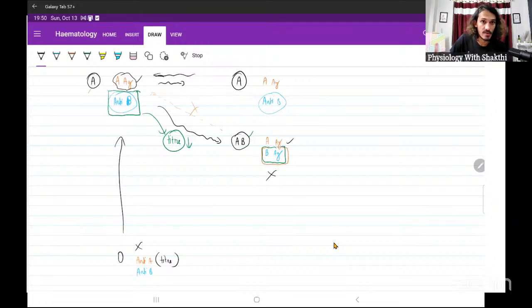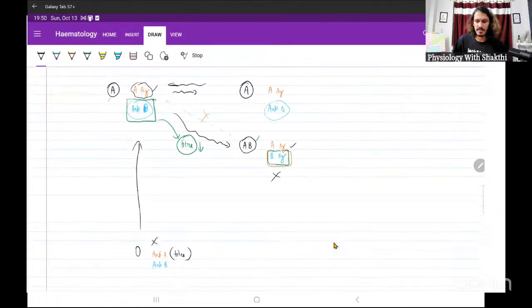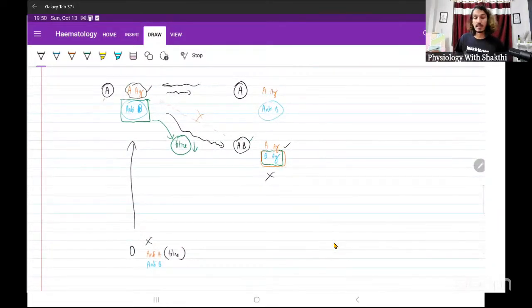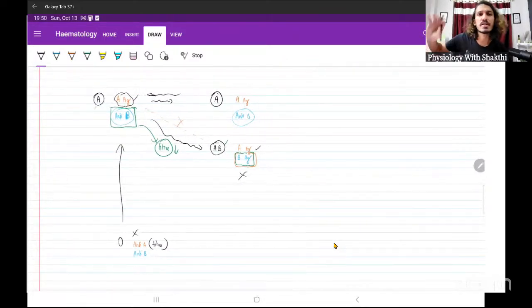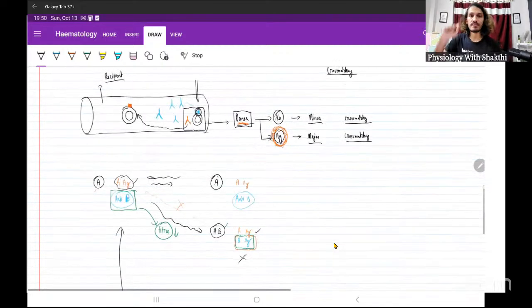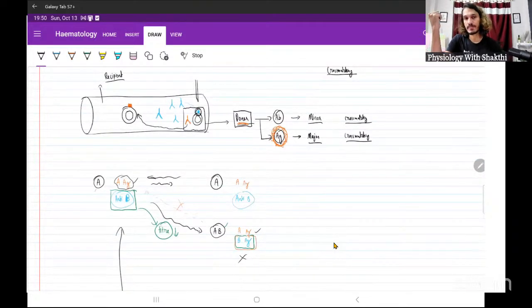I hope you're getting what I'm saying. This might sound confusing to somebody who's listening to it for the first time, but think about each combination of blood groups like that. Always think that having antigen is a major problem in the donor. Not having antigen is a good thing for a donor.